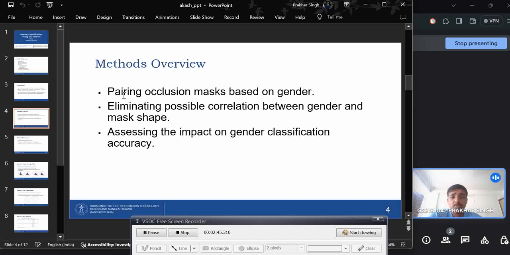The methodology involves grouping occlusion masks into male-female pairs and generating paired masks by performing a logical operation on each pair. This process ensures both iris images in a pair have identical occlusion masks, effectively removing any gender-related cues present in the masks. By equalizing the distribution of occlusion masks between genders, we aim to focus the gender classification solely on the iris texture, independent of any bias introduced by masks.